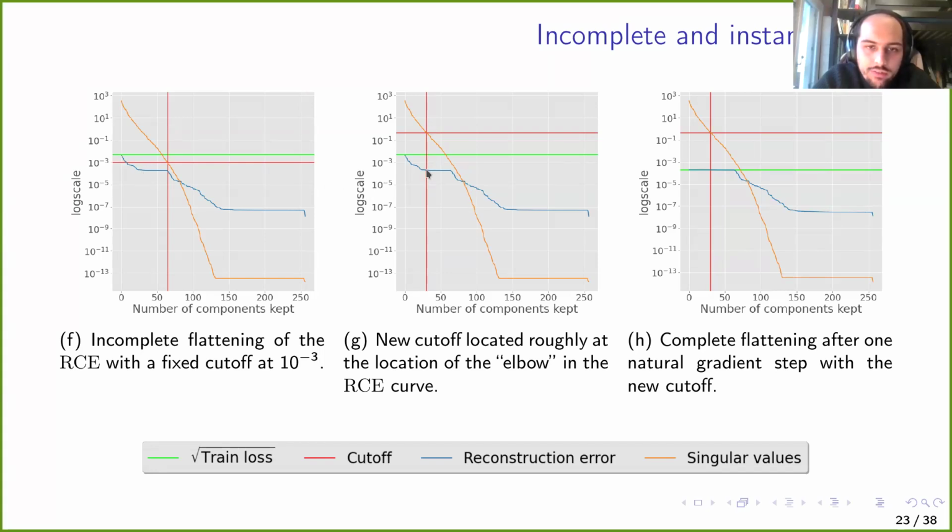So we change the cutoff so that it's located at the elbow. And then after one natural gradient step, the curve became completely flat. And so this is the first observation.